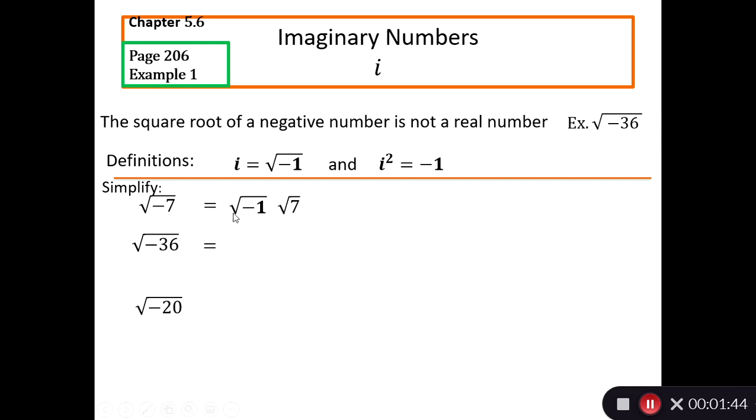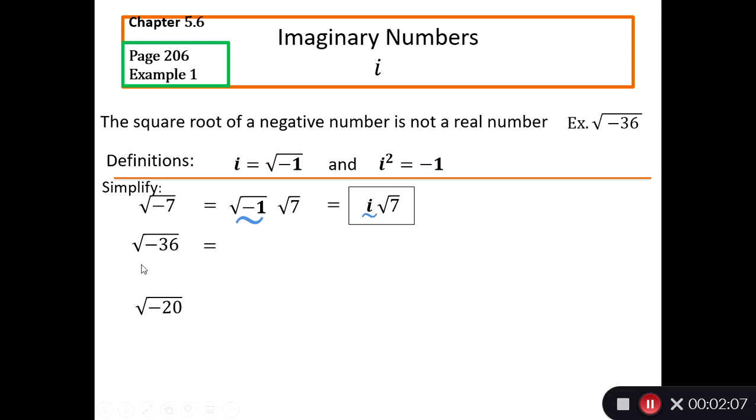Now this actually represents i. So instead of writing the square root of negative 1, I can write i times the square root of 7. The square root of negative 1 is the i, and that is your answer. Looks a lot nicer than that. Let's go to the second one.